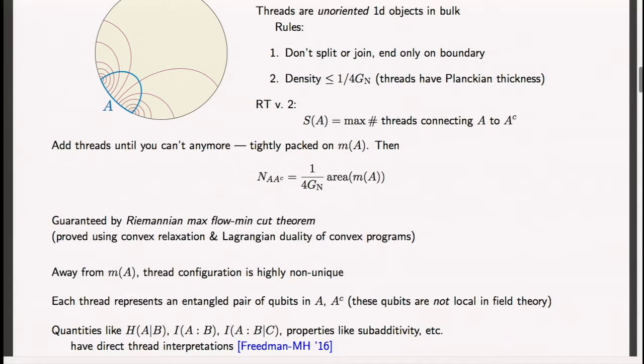There are ways to gauge fix, to add conditions beyond those rules that nail down a particular one. Having them be geodesics, you can do that to some extent piecewise, and in very simple situations you can just make them geodesics, but not in general. And there are various different ways to gauge fix, but let me not go into that.